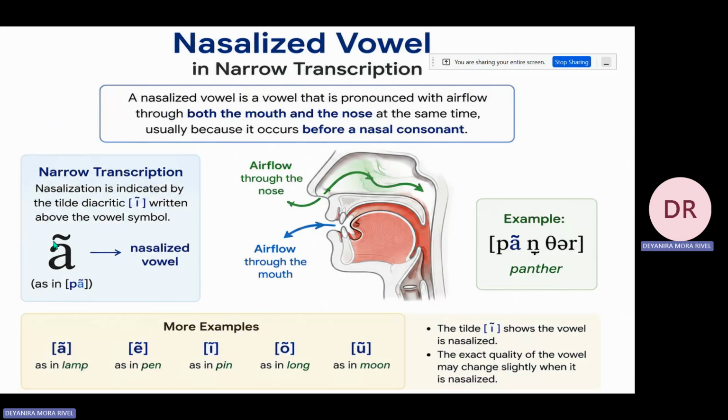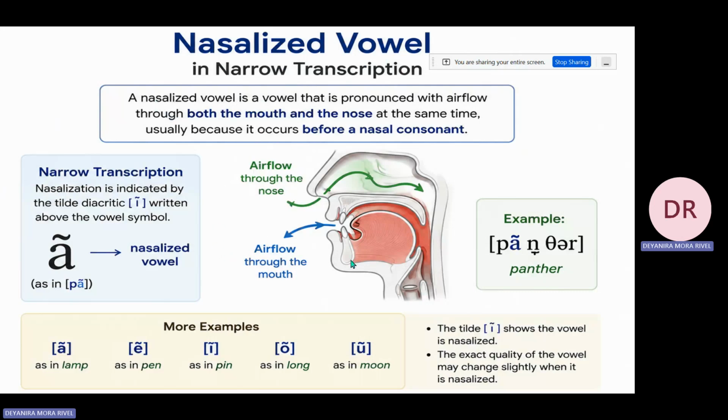So we're going to use this on top of the vowel sound. And it's going to show that part of the air is going to come out through the nose and part of the air is going to come out through the mouth. That's why it's nasalized. They occur before nasal consonants.